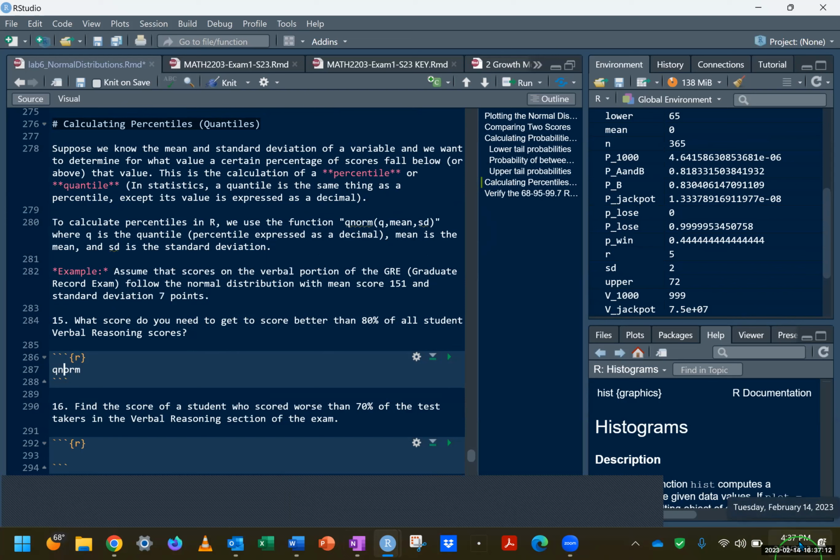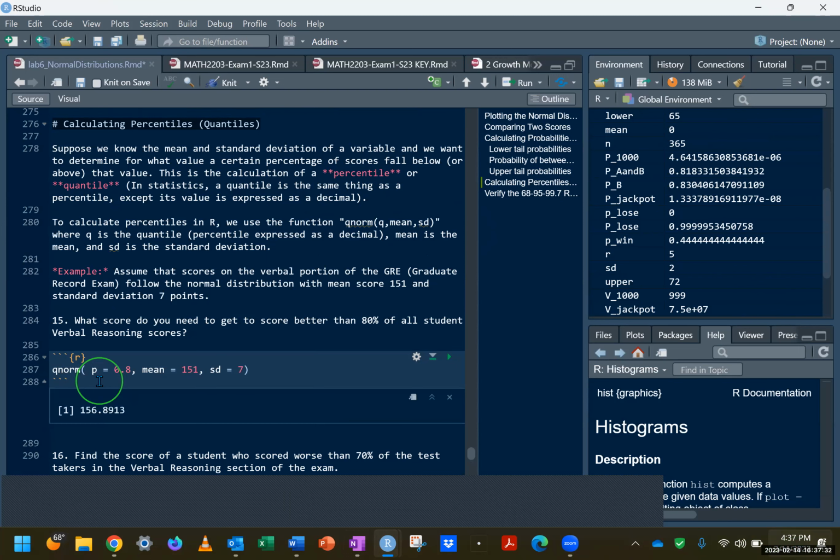And QNorm takes in a probability. You notice if I type this in, it says P. So I could say P is my probability, 0.8. And then everything else is the same. Mean, put in 151, standard deviation is 7 for this test. And this will tell me the score I need to make to get better than 80% of students.